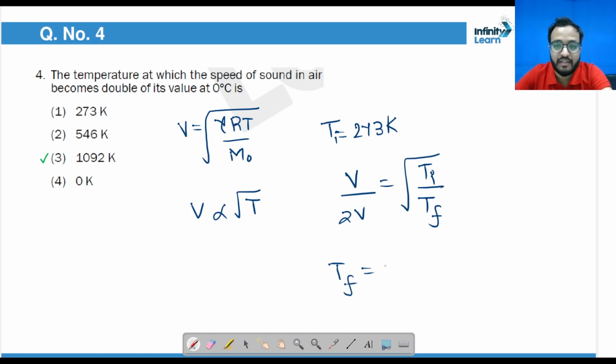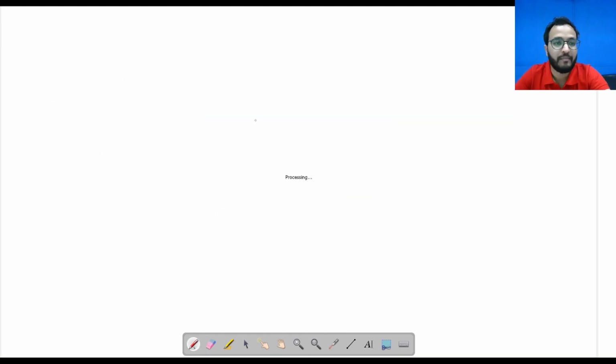So T final is 4 times T initial, which is 4 into 273 Kelvin. Temperature should always be in Kelvin, not degree Celsius, so even if the temperature is given in degree Celsius in the question, you have to convert it into Kelvin.